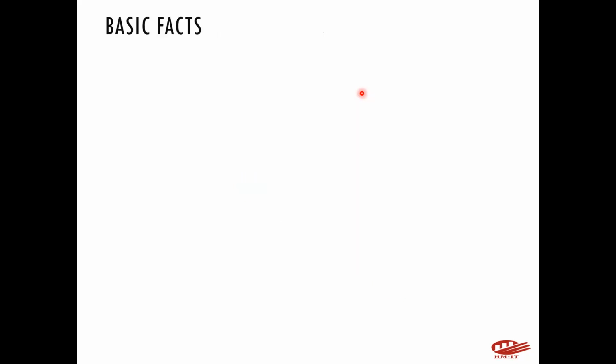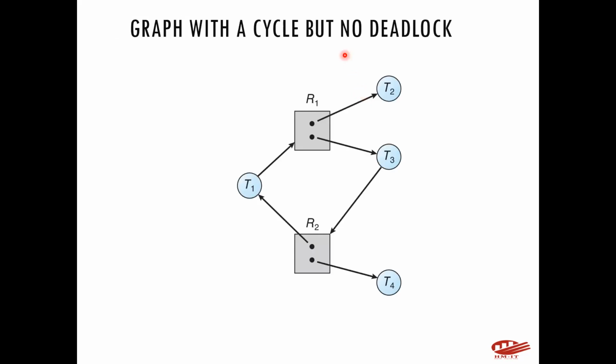Now we look at the basic facts which can cause a deadlock, right? This is important as well. If the graph contains no cycle, no deadlock. Look here, for example, this one forms a cycle, right?